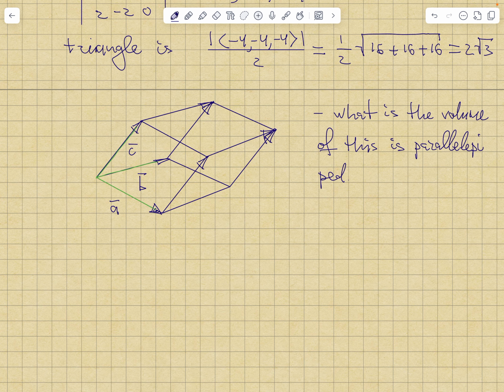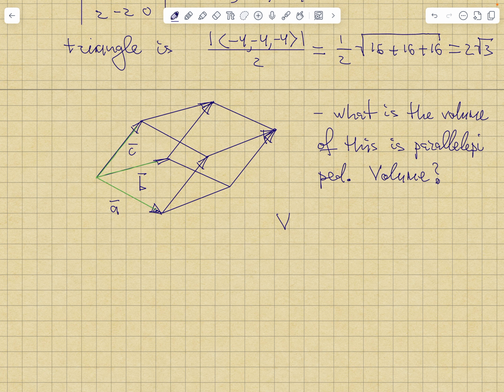And so the question is, what is the volume of this figure? And again, it's easy to do, similar to what you do for a rectangular box.